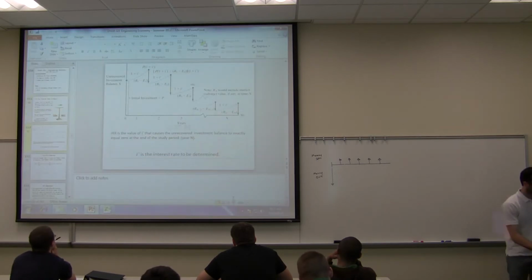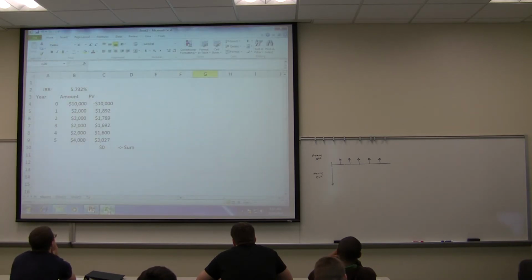And so let's use this example that I just set up to create a similar type of chart. I'm going to move this over here. All right, so this is going to be unrecovered initial investment.